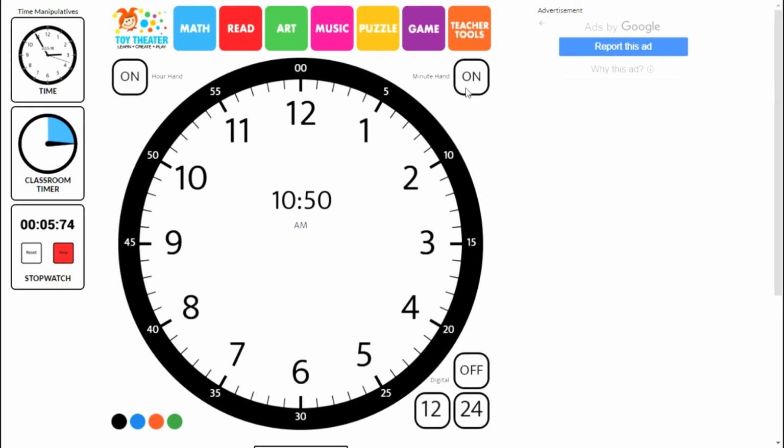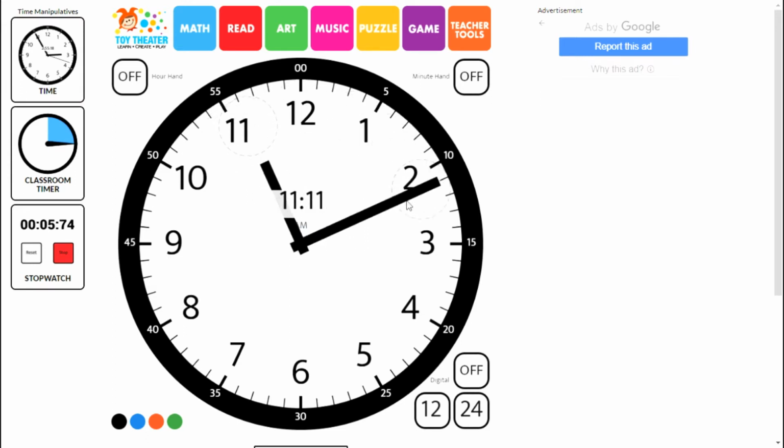So if you concentrate on our digital clock in the middle of your screen, you will see this word AM, which means this is 10:50 before noon. I will show you my minute hand and hour hand. When the minute hand moves, you see that the minute keeps on moving, right?